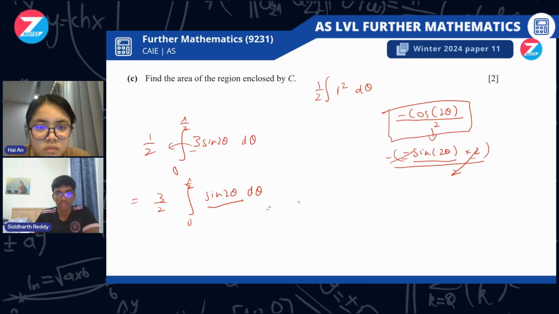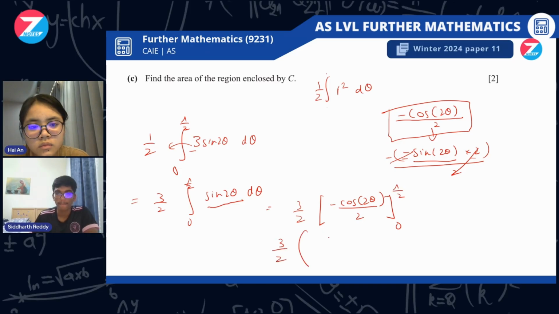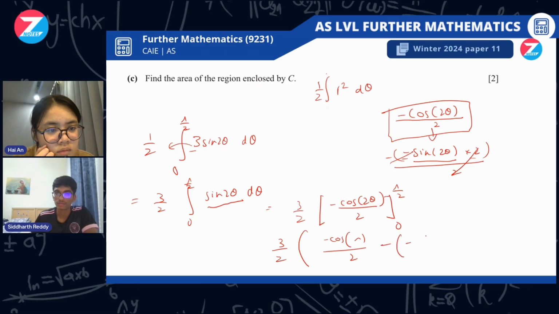So this becomes 3 by 2 times minus cos 2 theta by 2 from 0 to pi by 2. So that's 3 by 2 into minus cos of pi by 2 times 2, which is pi, minus of cos 0 by 2.